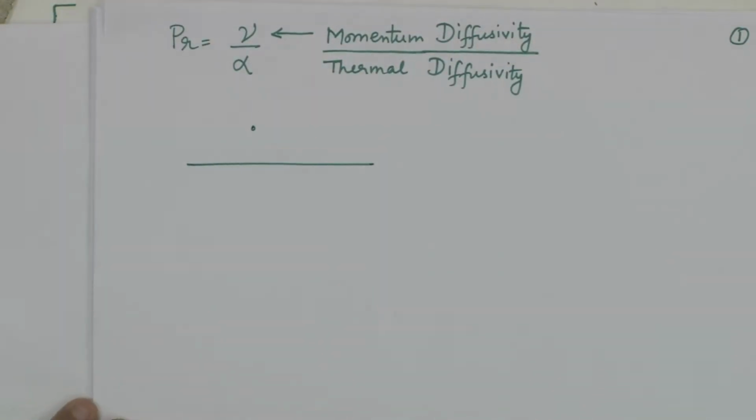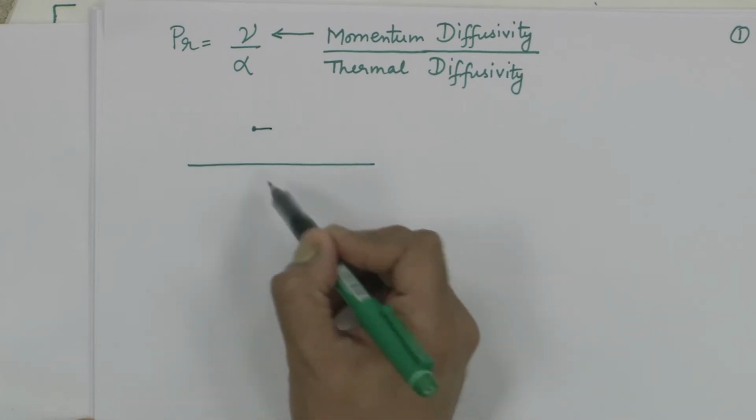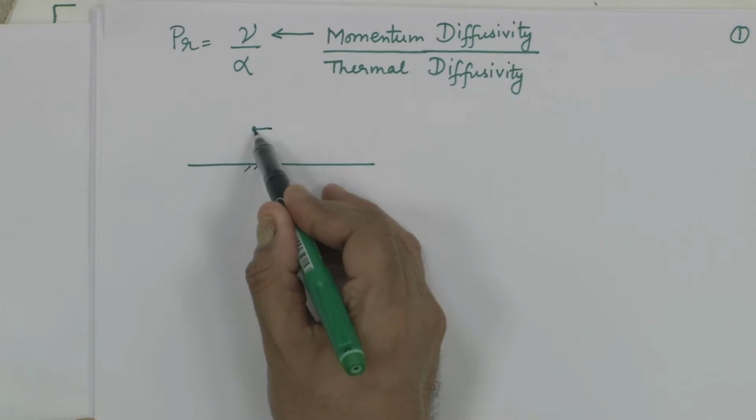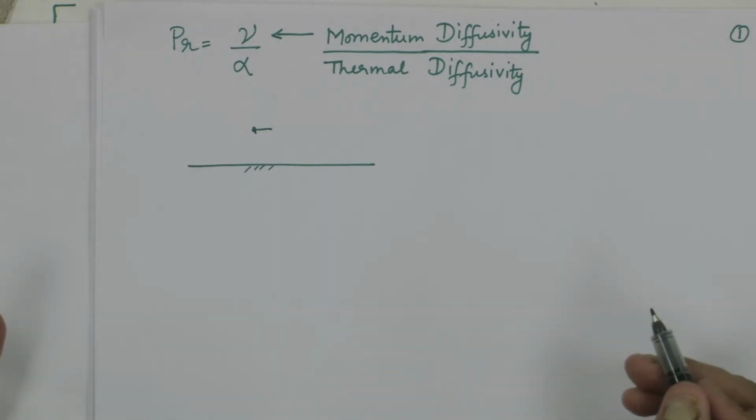Or if you keep the distance fixed, if this is the flat plate and I am looking at this point, how long does it take for momentum to get transferred from here to here, and how long does heat take. So, keep either the location of interest fixed or the time scale fixed. You would see that most fluids behave differently with respect to momentum and heat transfer. That is given by this non-dimensional number, Prandtl number, nu over alpha.